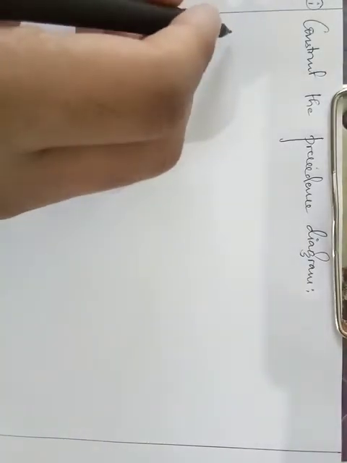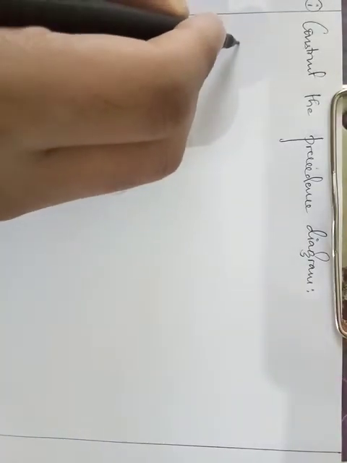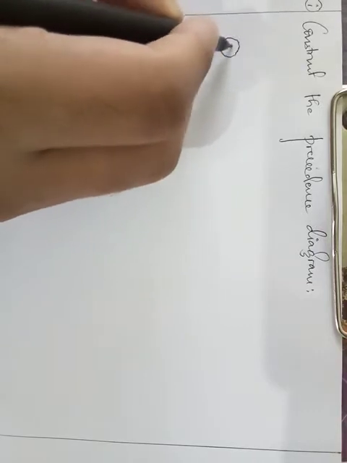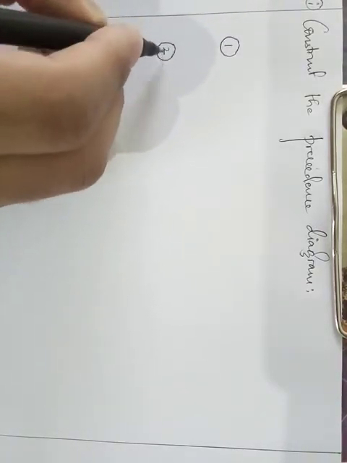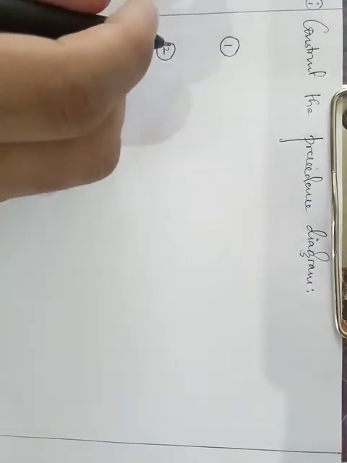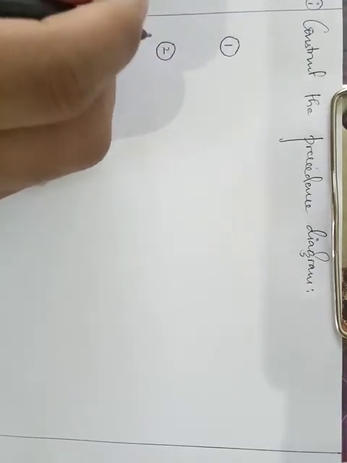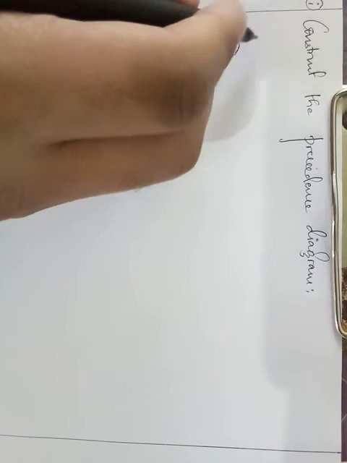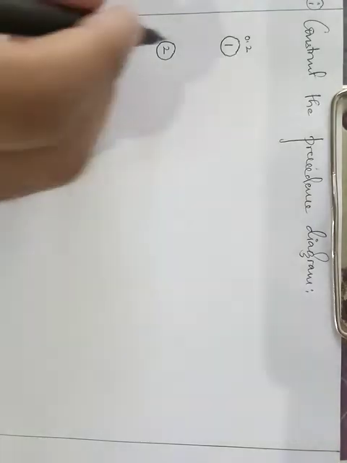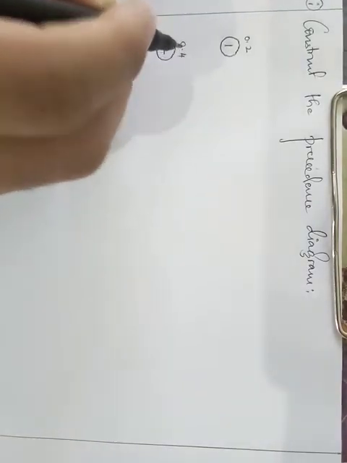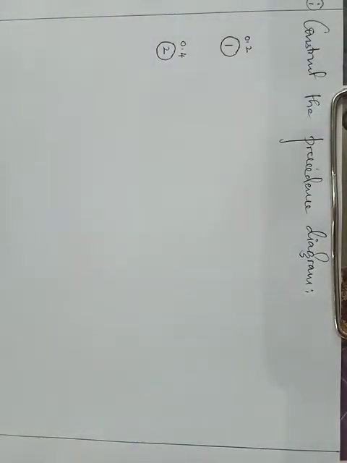So let me take 1 here and 2 here. Work element time for 1 is 0.2 minutes. You need to write it on the top of the circle. Work element time for 2 is 0.4 minutes.